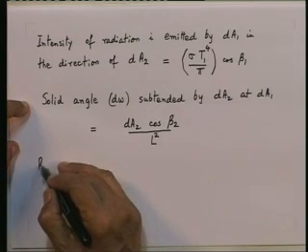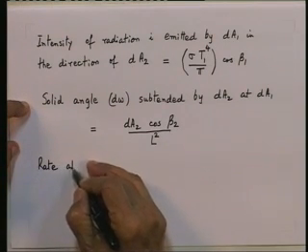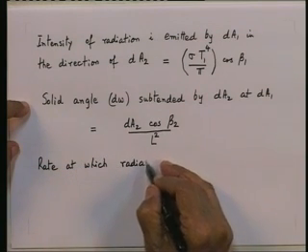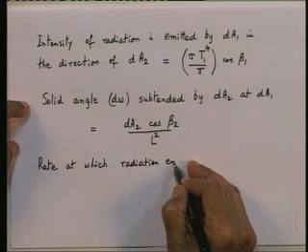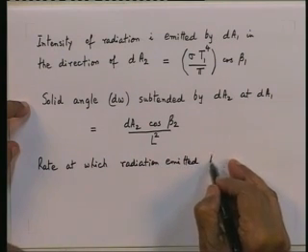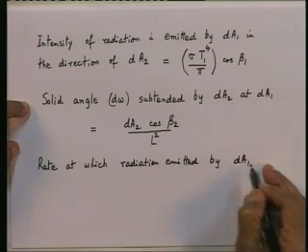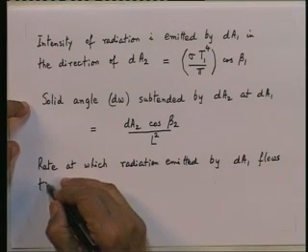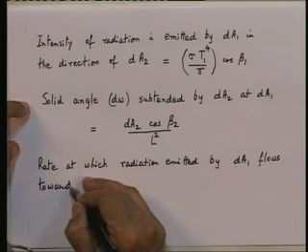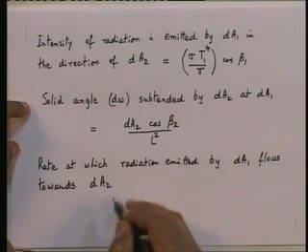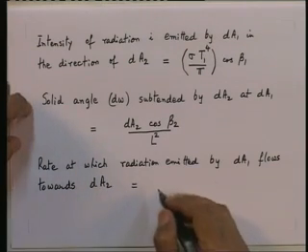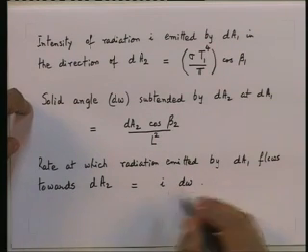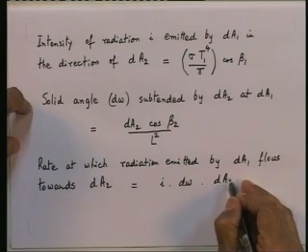Therefore, the rate at which radiation emitted by dA1 flows towards dA2 will be equal to I, the intensity, multiplied by d omega multiplied by the area dA1.